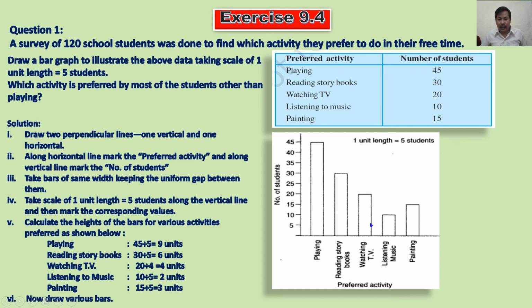And listening to music, 2 units. And painting, 3 units. 1, 2, 3, like this. We take the height of the bar and draw the bar graph on this line called the horizontal line. This horizontal line is representing the different activities, isn't it? Yes.